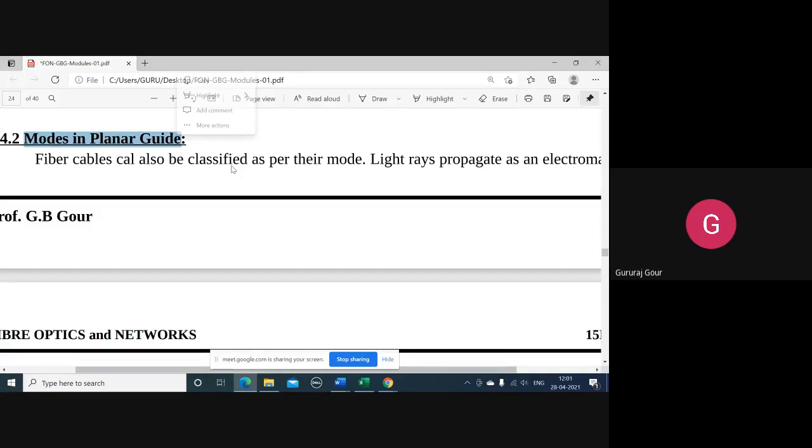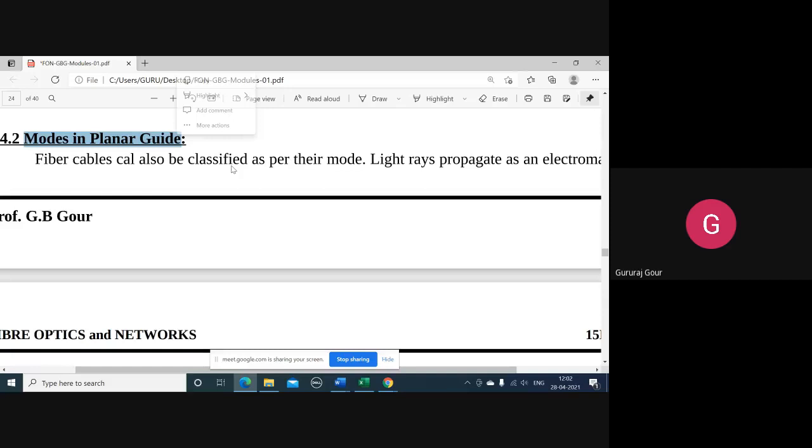So what do modes mean? That we have to see. Planar guide means the waveguide or optical waveguide is rectangular in shape rather than circular, and it is bounded by Maxwell's equations. Whatever Maxwell's equations you have studied in EM theory, which govern uniform plane wave propagation, hold good similarly here also for light wave propagation.